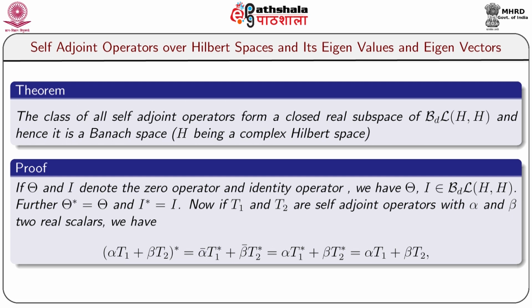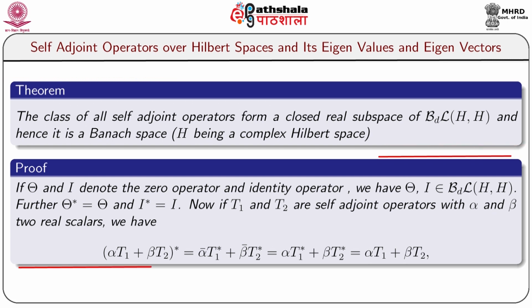Let us take another theorem. The class of all self-adjoint operators forms a closed real subspace of the collection of all bounded linear operators from H to H, and hence it is a Banach space, where H is a complex Hilbert space.